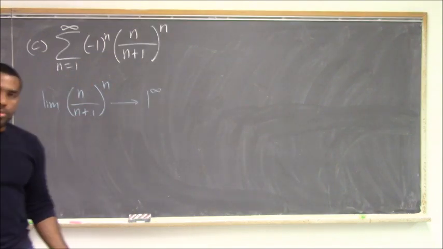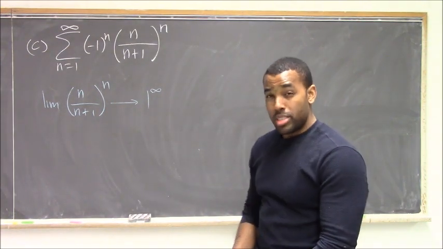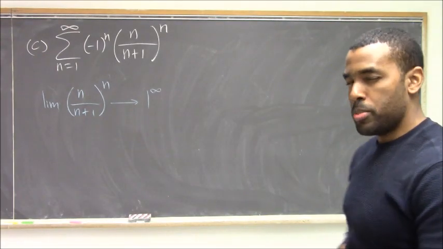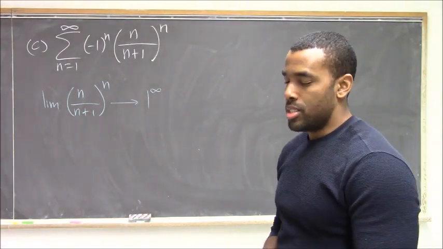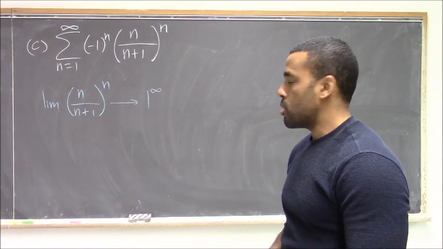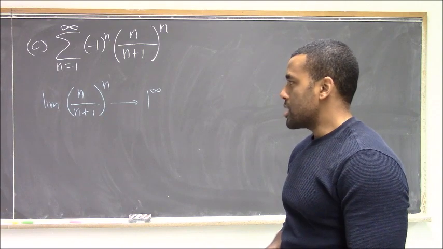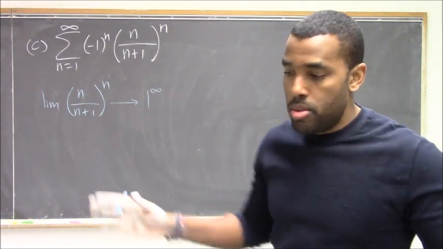It's an indeterminate form. Now, I'm very suspicious that it's going to give me a nonzero value, so I'm thinking the test for divergence is going to work out in our favor. But it's an indeterminate form, so we don't know.